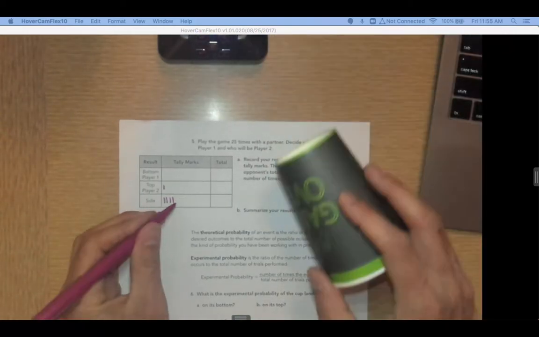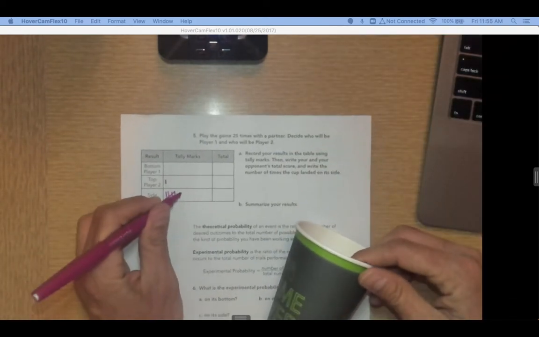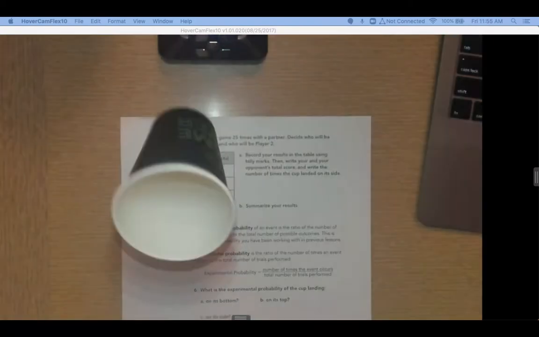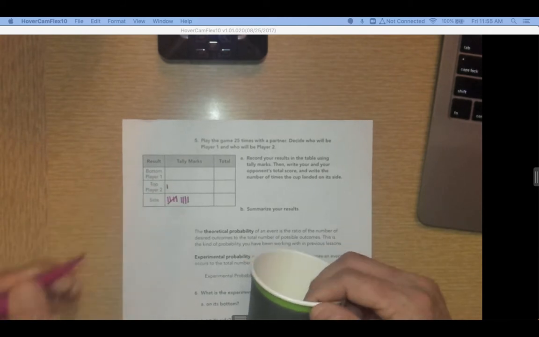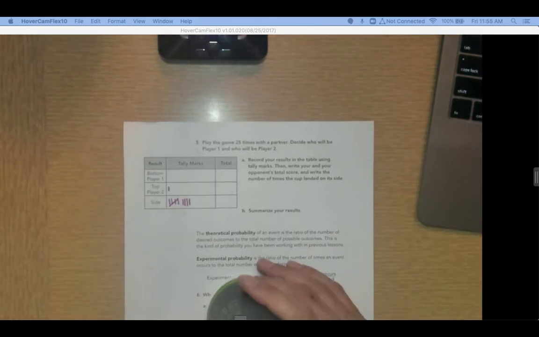Redo. Side. Side. Side. Side. Side. Oh. Top.